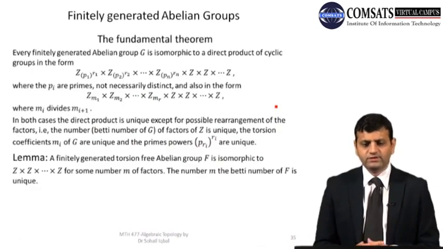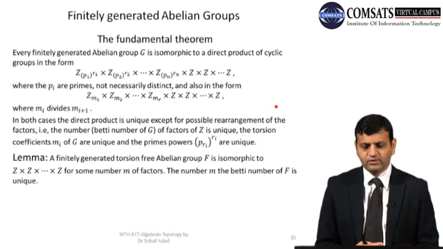So this is a very important result of finitely generated abelian groups. Every finitely generated abelian group is isomorphic to a direct product of cyclic groups in this form, where pi are prime numbers, not necessarily distinct, and also in this form, where mi divides mi plus 1.